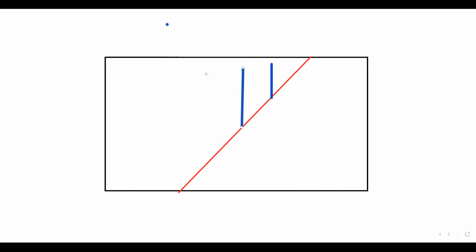Some part of the wavefront is in a deep region and some part is in a shallow region. Like this is the deep region and this one is shallow. So when part of the wavefront is in deep and part in shallow, what will happen in the shallow region? The wave will slow down.